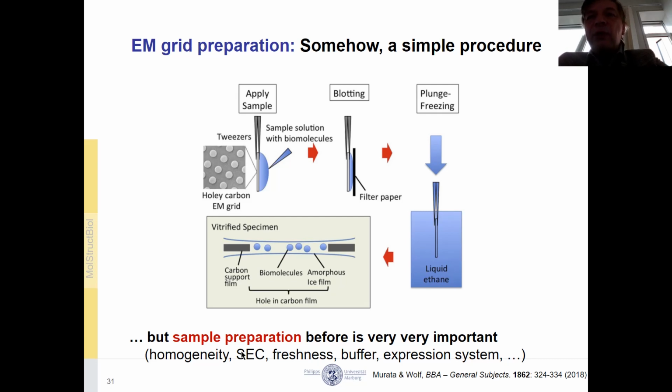When you take this peak, you may find out that, for example, the molecules from the rising flank of the chromatography peak, when you take these elution fractions and put them on the cryo-EM grid, look much different than those in the highest portion of the peak itself or in the decreasing flank, because the molecules are not absolutely identical. So you can check several fractions of your size exclusion chromatography to see which gives the best sample for cryo-EM.